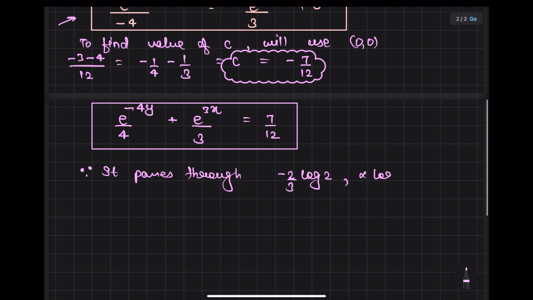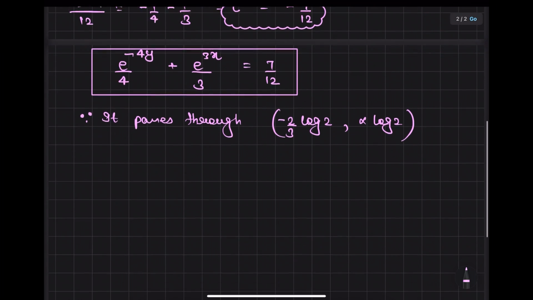So we have to find the value of alpha. If it passes through this point, it will satisfy this point. So we will substitute there. In place of x we use this, in place of y we use this.